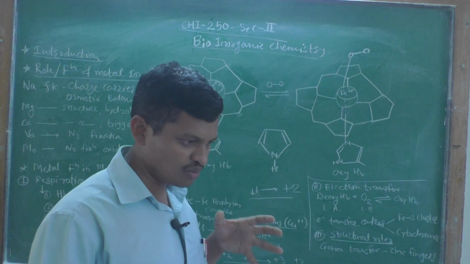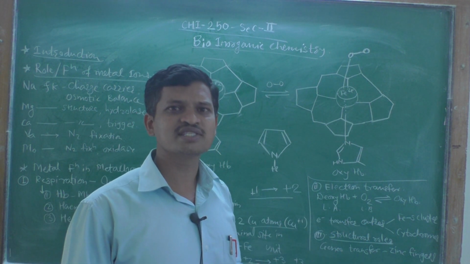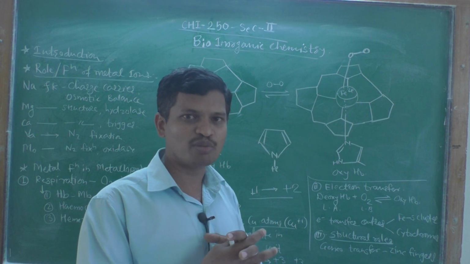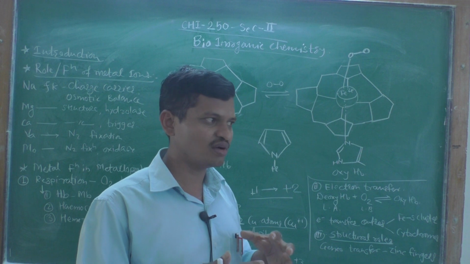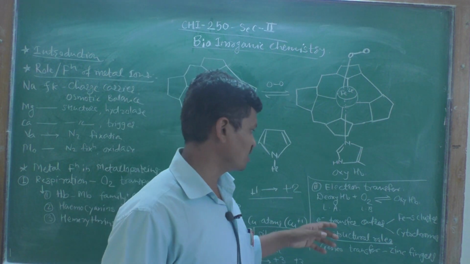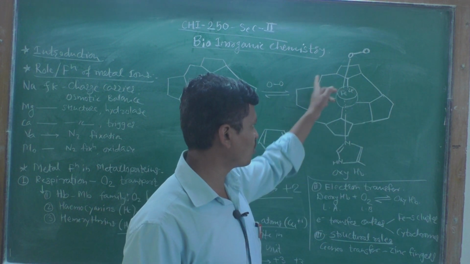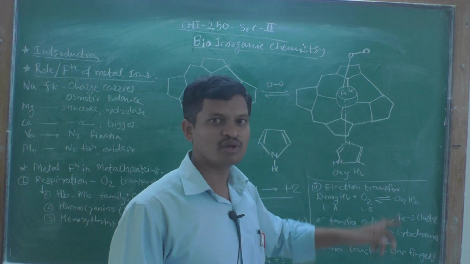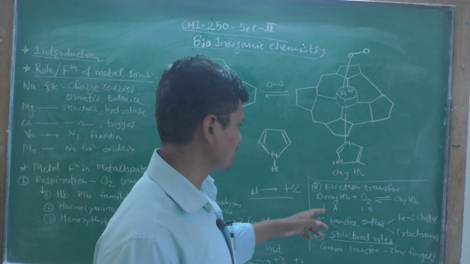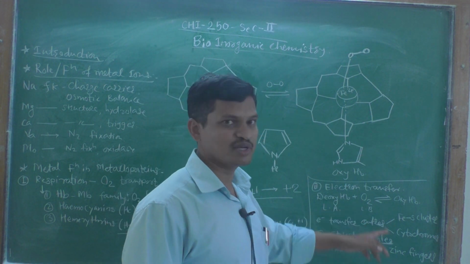So this is a very basic chemical reaction that we have learned, that a Lewis acid combines with a Lewis base to form a complex. Oxyhemoglobin is a metalloprotein known as a complex, and this is nothing but a Lewis acid Lewis base reaction.